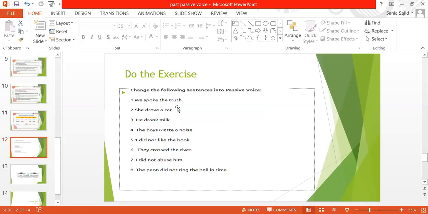We spoke the truth. The truth was spoken by us. Truth is the object and it becomes the subject of the passive voice. The truth, the object, comes first, then object plus was.